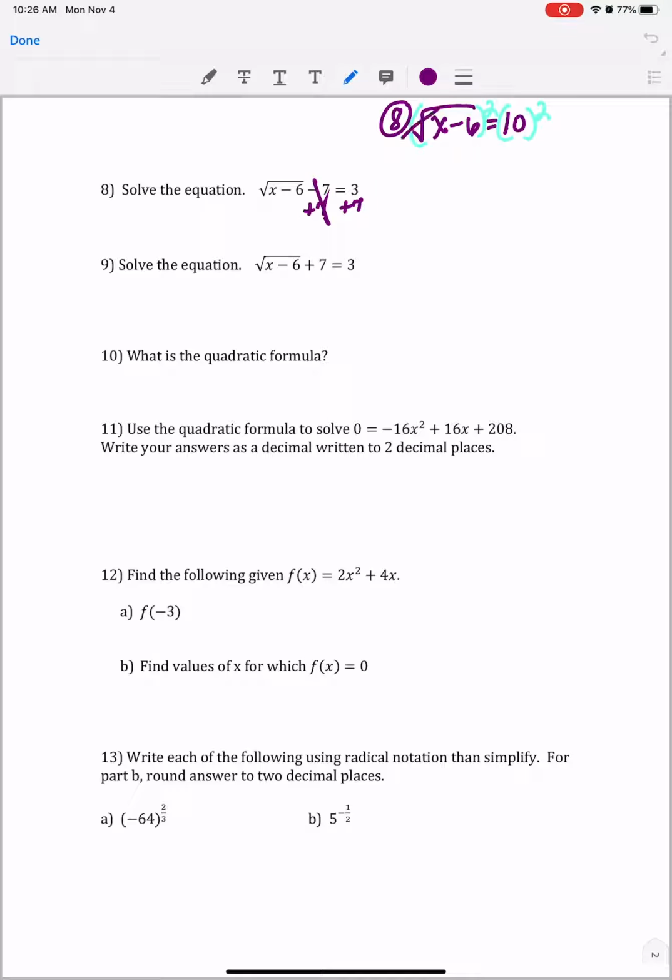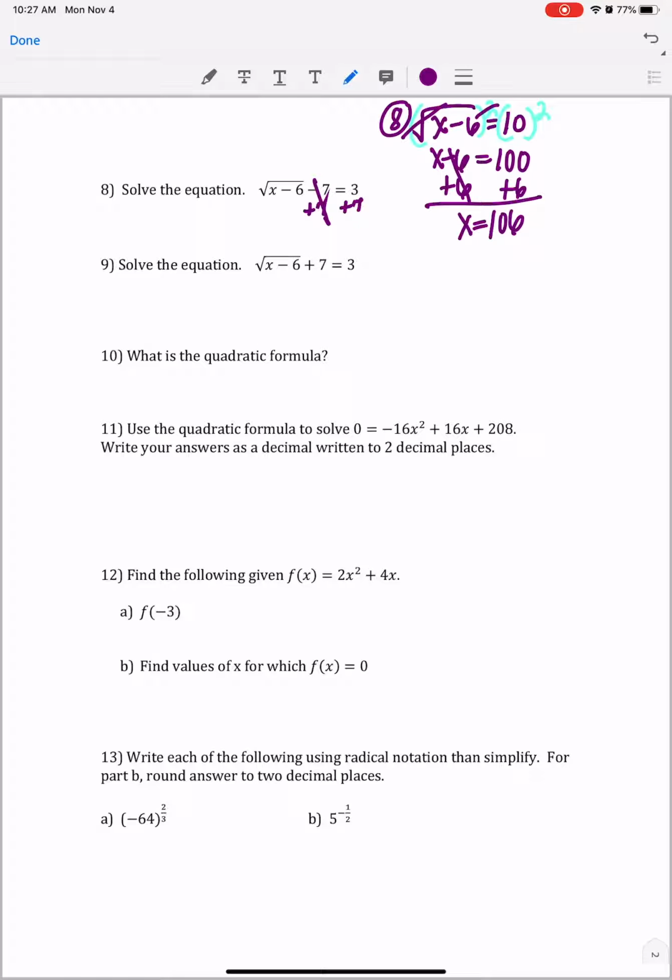So here, my square root and square cancel, and I'm left with x minus 6 equals 10 squared, which is 100. Add your 6 over, and we are left with x equals 106.